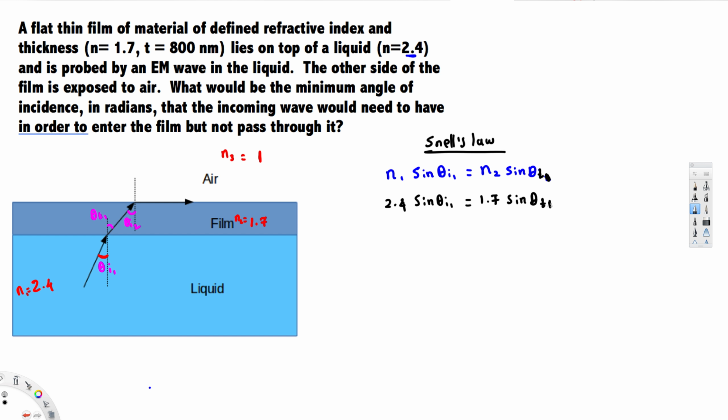Now I am going to rearrange this in terms of sine theta T1. There's a reason for this, you will see later. So sine theta T1 is equal to 2.4 over 1.7 times sine theta I1. Let's call this equation 1.